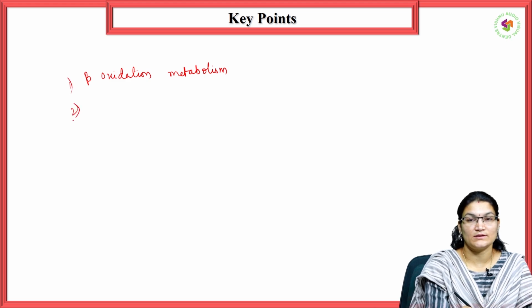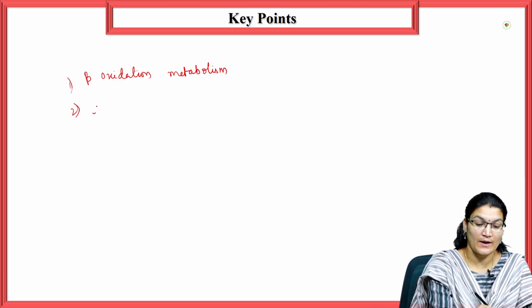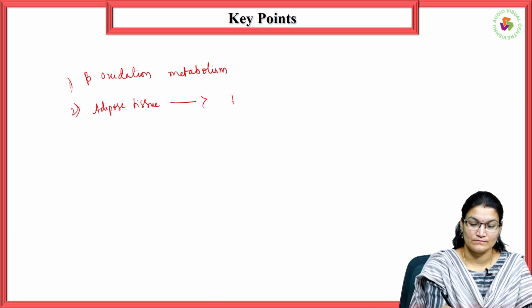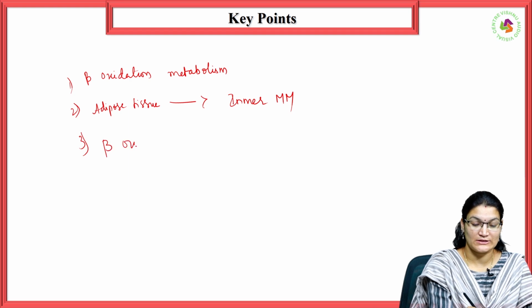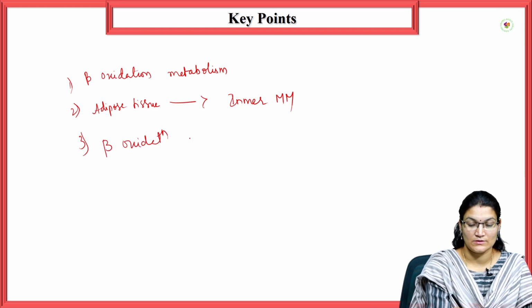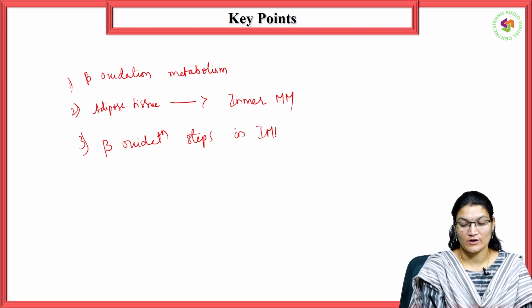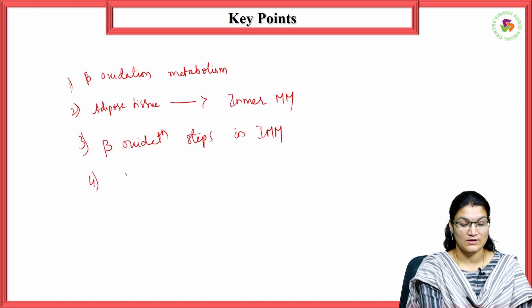And second, we discussed how the fatty acid is transported from adipose tissue to the inner mitochondrial membrane, and we discussed the beta oxidation steps inside the mitochondrial matrix. And at last we discussed the significance of this beta oxidation.